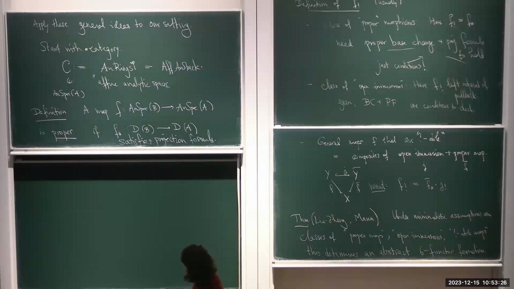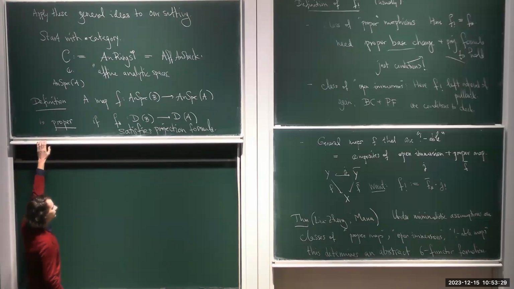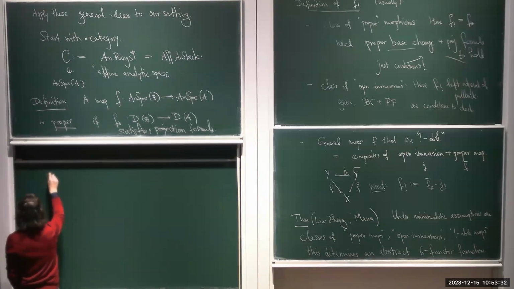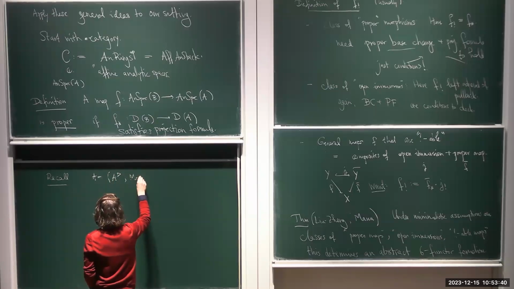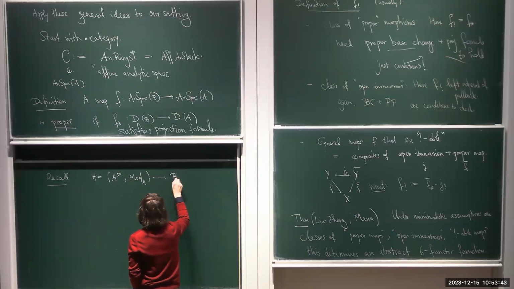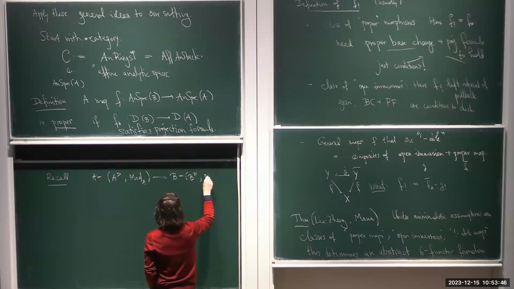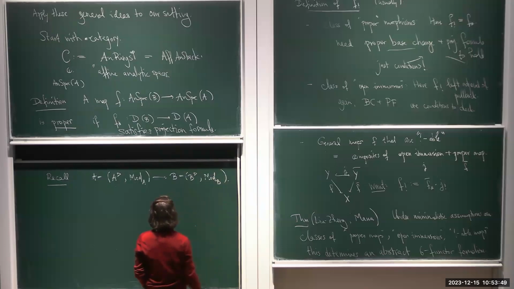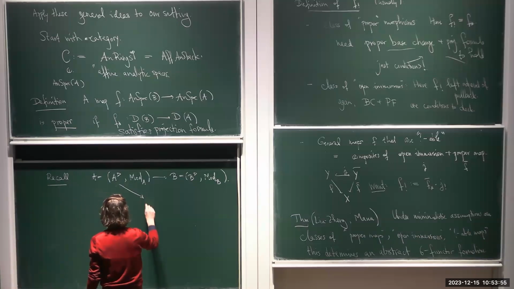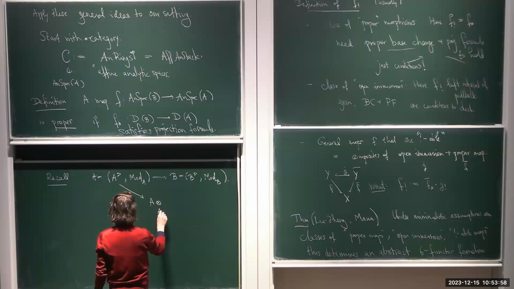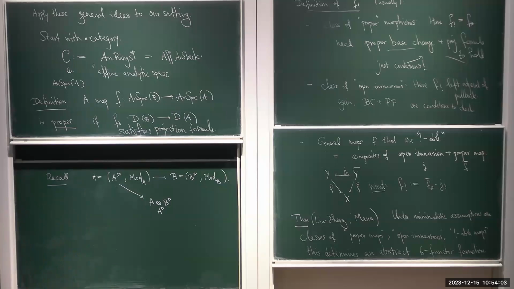So to analyze this notion of properness, let me recall. If you have such a map, this will always factor in the following way. So you can always first take this thing, a tensor product of analytic rings that we describe in a second.